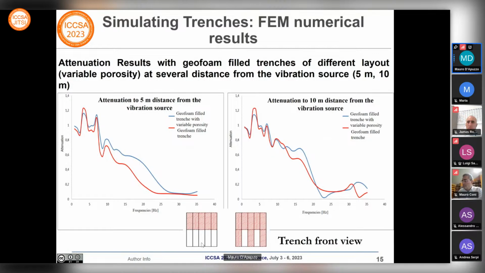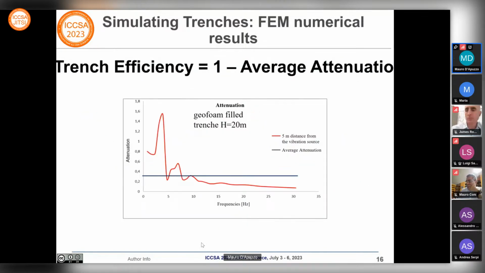We test two different trenches: a conventional geofoam filled trench and what we call a geofoam filled trench with variable porosity, that you can see in the right side of the lower part of the slide, where you have some shorter columns and between them some longer columns composing the trench. And we can say that the attenuation effectiveness is not as good as was expected.